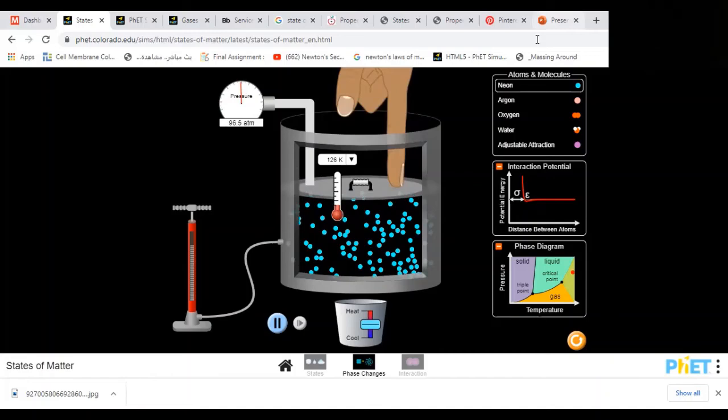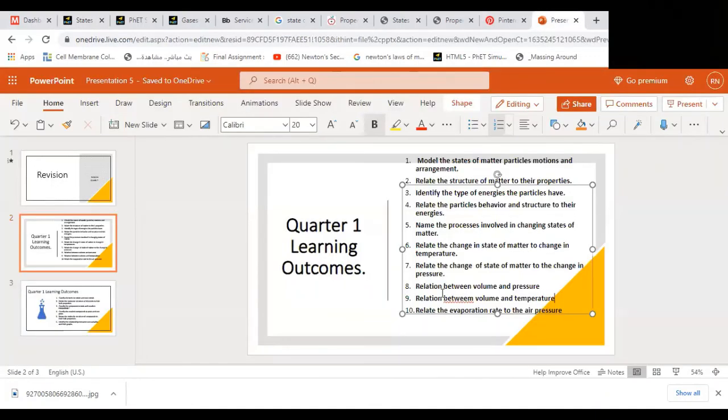Okay, so now let's check what objectives we have covered. Volume and temperature, Charles' law, volume and pressure, Boyle's law. Okay, we related the change in state of matter to pressure, the change in state of matter to the temperature, and also I will reframe them by the chart in a while.